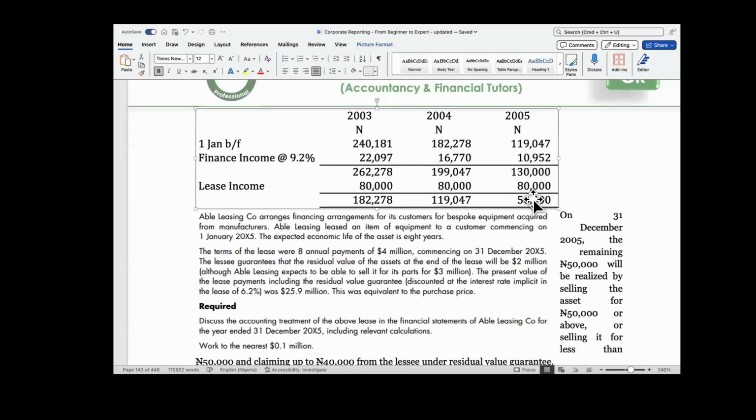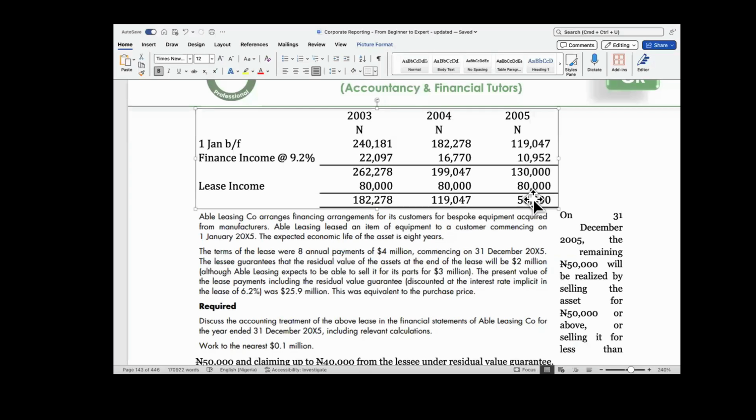As we were told in the question, the lessee has guaranteed him 40,000. So even if he's unable to sell this asset at all, the lessor will get 40,000. But let's say he's able to sell this asset for, let's say, 45,000. That's good for the lessee.